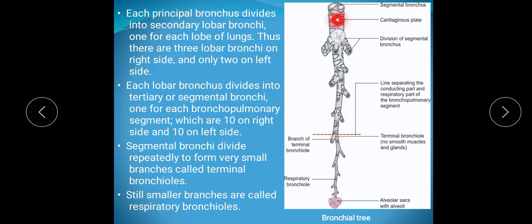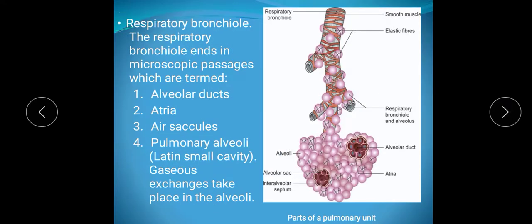This one is the segmental bronchus, which divides a number of times and finally into the terminal bronchiole, and still smaller branches are called respiratory bronchioles. The respiratory bronchiole ends in microscopic passages which divide into a number of parts.